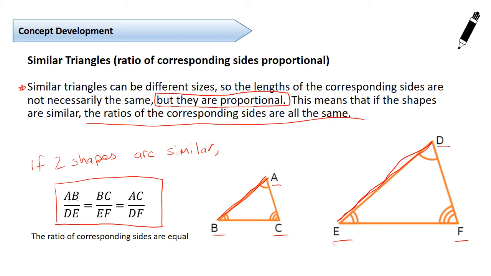It tells us how much it has been enlarged or shrunk, and that amount should be the same as BC divided by EF, the matching bottom side. So all three sides should have been changed by the same amount. Let's have a look at an example, and it should make a little more sense.